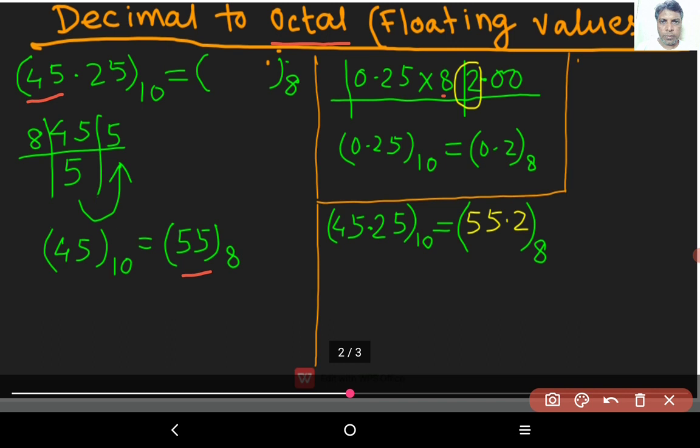By multiplying by 8 we get 2.00, and the decimal part becomes 0 after multiplying only once, so we don't multiply further. The octal form of 0.25 is 0.2. Now we concatenate both values, the octal part of 45 and the octal part of 0.25, and we get 55.2.